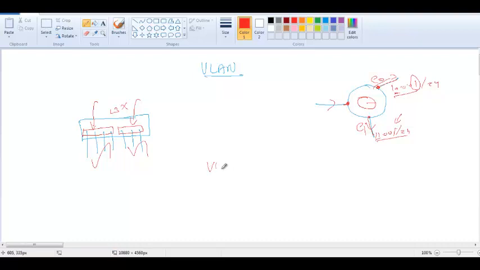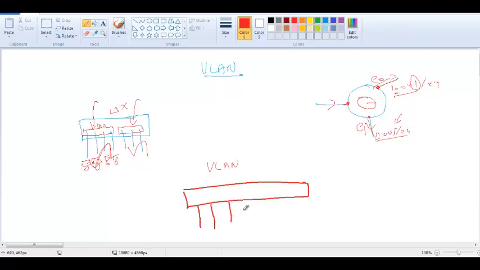Within a VLAN, you want some computers to communicate, some computers not to communicate. See, within a VLAN, I told you all can communicate. All these 4 devices, because they are in the same VLAN, let's say VLAN 10, will be communicating without any problem. But there is some need for you.